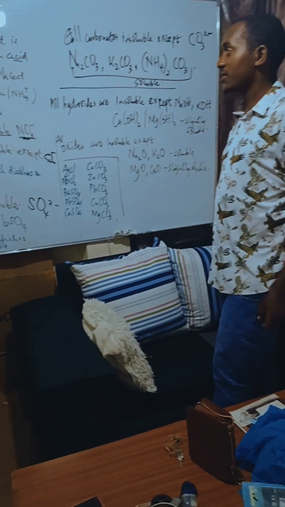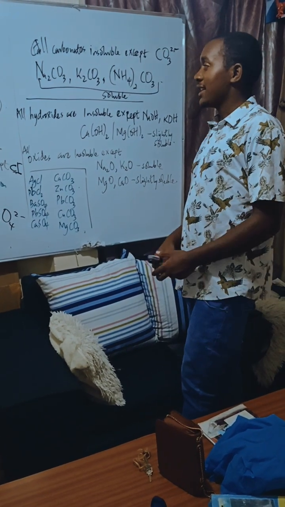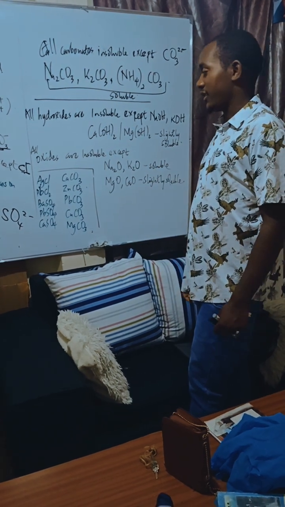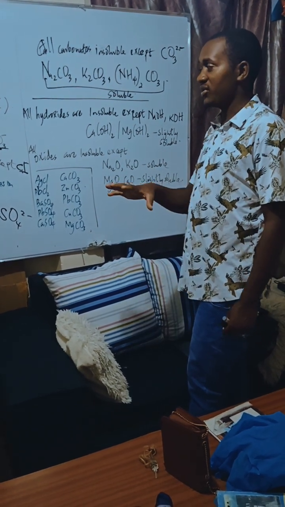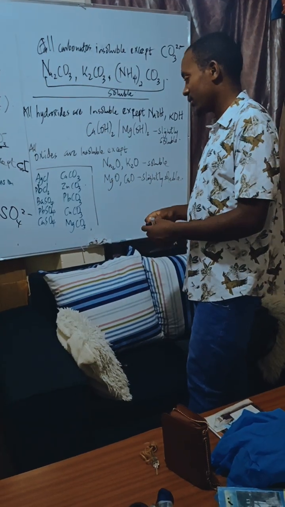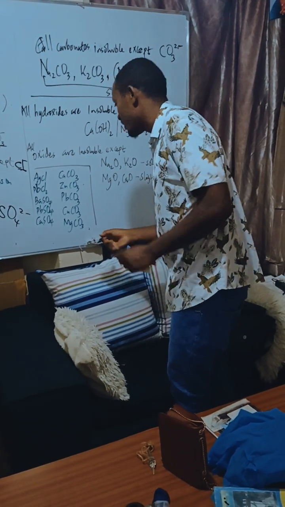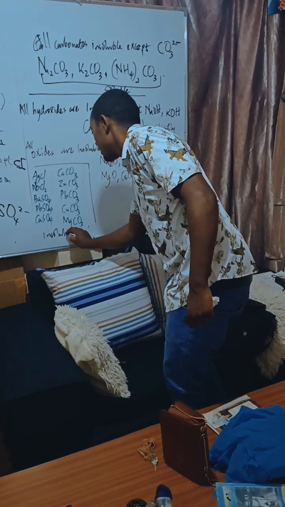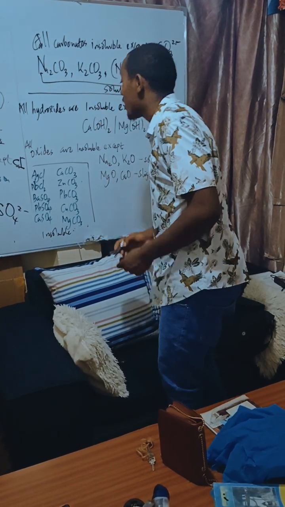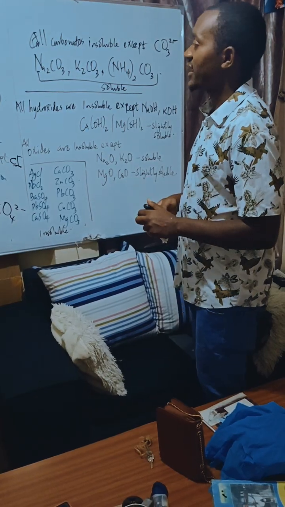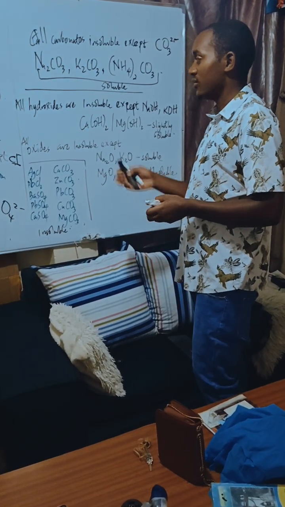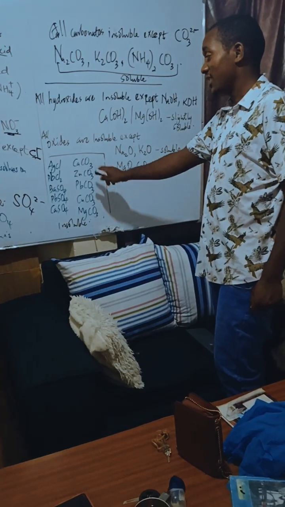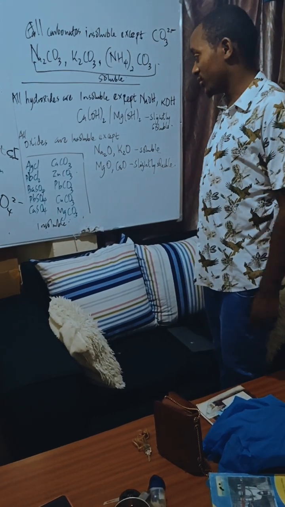We'll come to that. We'll do examples, but now I'm trying to differentiate between soluble and insoluble salts. So these are mainly the insoluble salts that you can be told to prepare. But soluble salts, you can see them, but these are the ones that are mainly insoluble and the ones that you can be told to prepare.